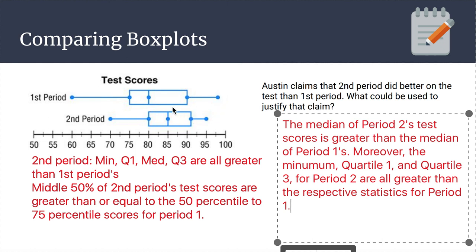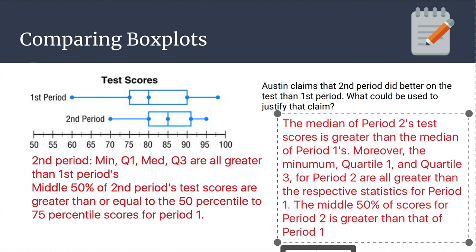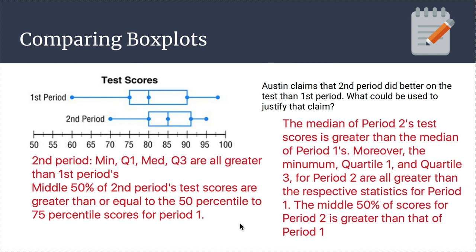But in general, it looks like the middle 50% of scores for period 2 is greater than that of period 1. Okay, and there we go. Those would be some ways we could justify Austin's claim. And a relatively open-ended question.